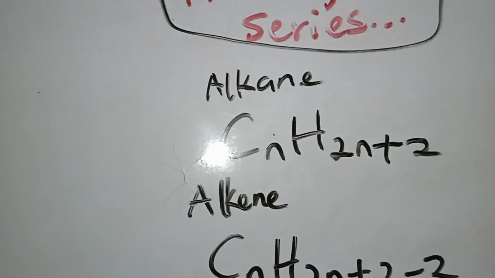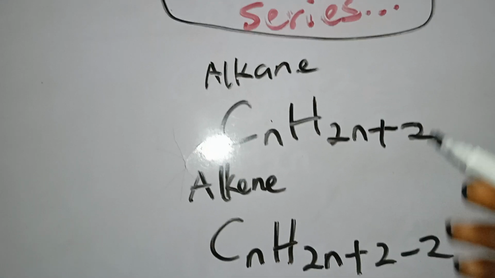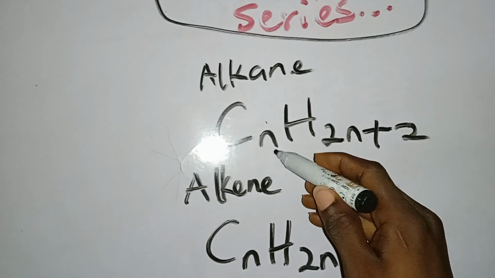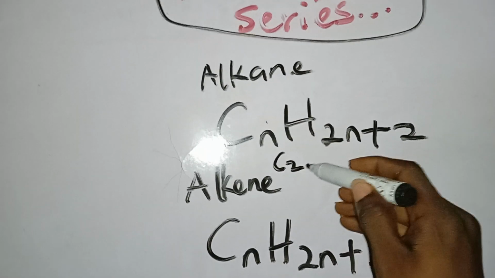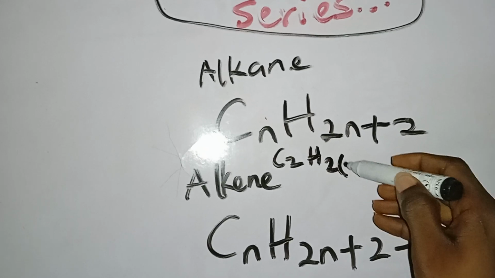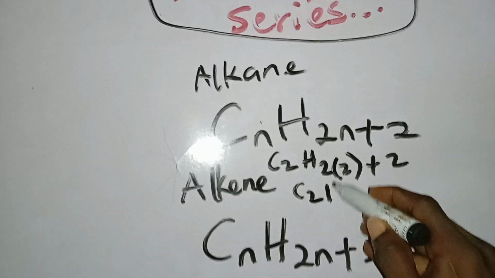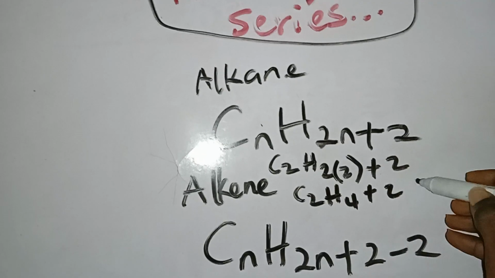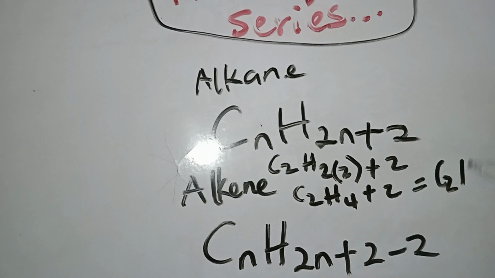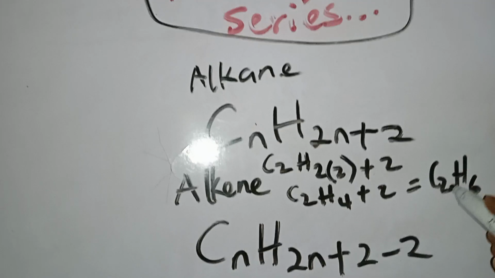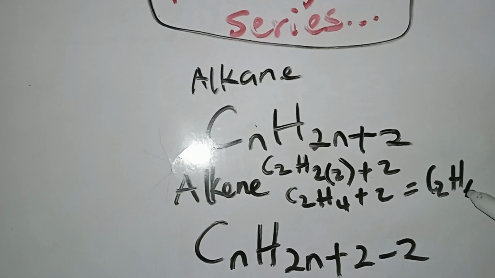So if you know this, that means that when I have two carbons, I'll have C2H2 times 2 plus 2. So this will give me C2H4 plus 2, which will give me C2H6. So this is 2 carbons, 6 hydrogens.